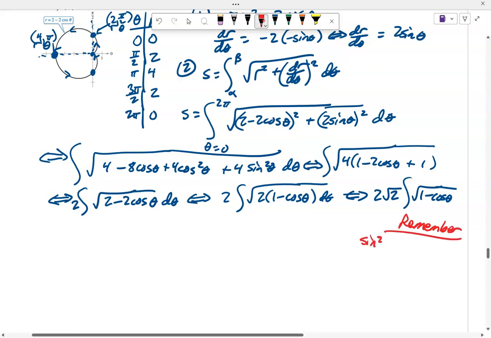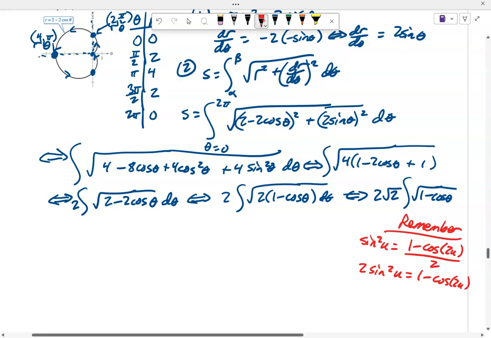Now remember, sine squared u is 1 minus cosine 2u all over 2. If I multiply both sides by 2, I have 2 sine squared u is 1 minus cosine 2u.